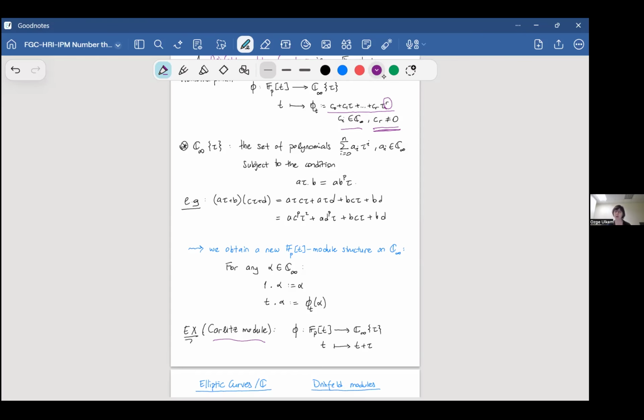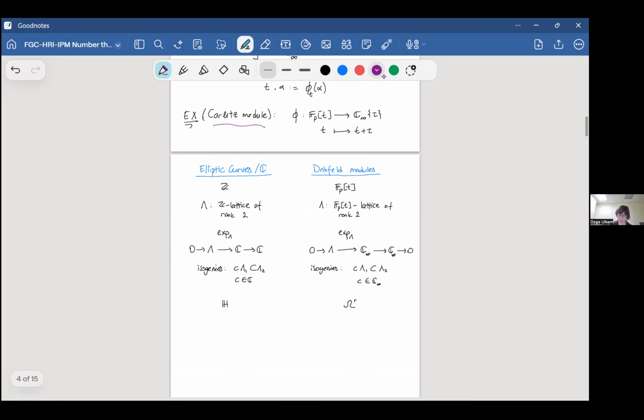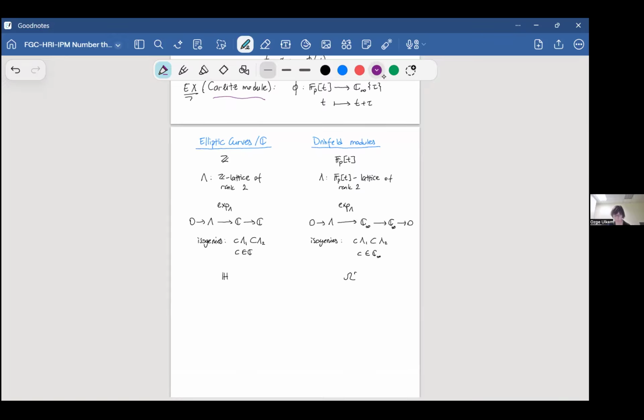And this is how function field arithmetic started, actually. Drinfeld came along and defined these modules, and they were so nice that they indeed form an analog of elliptic curves in the function field setting, and I'll talk about some of them here.